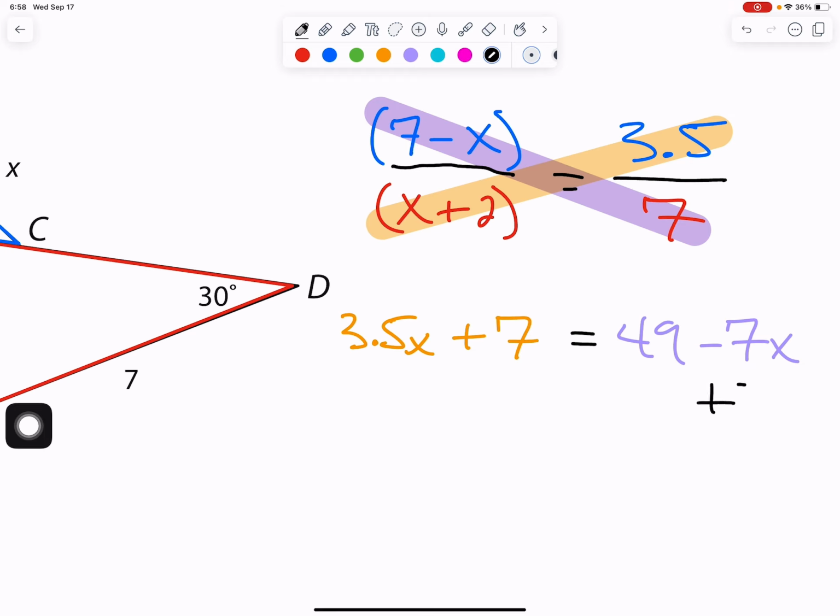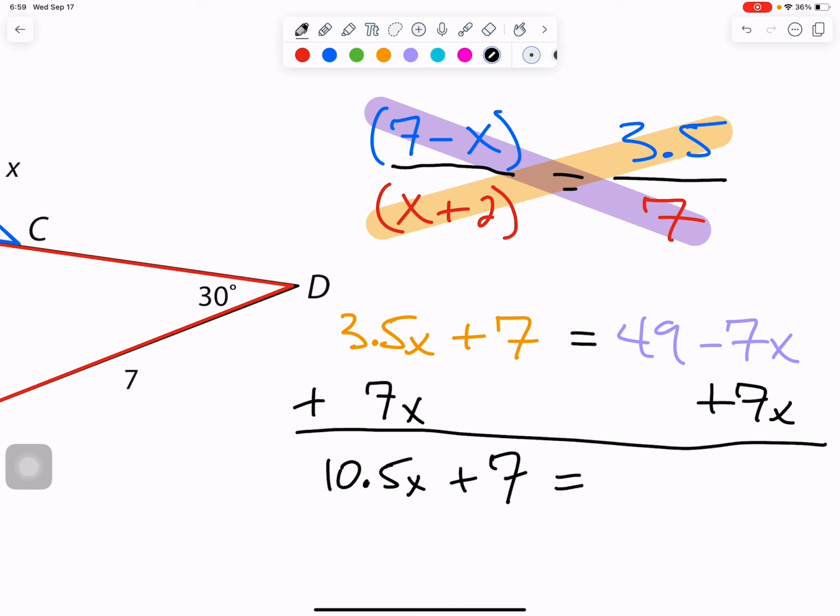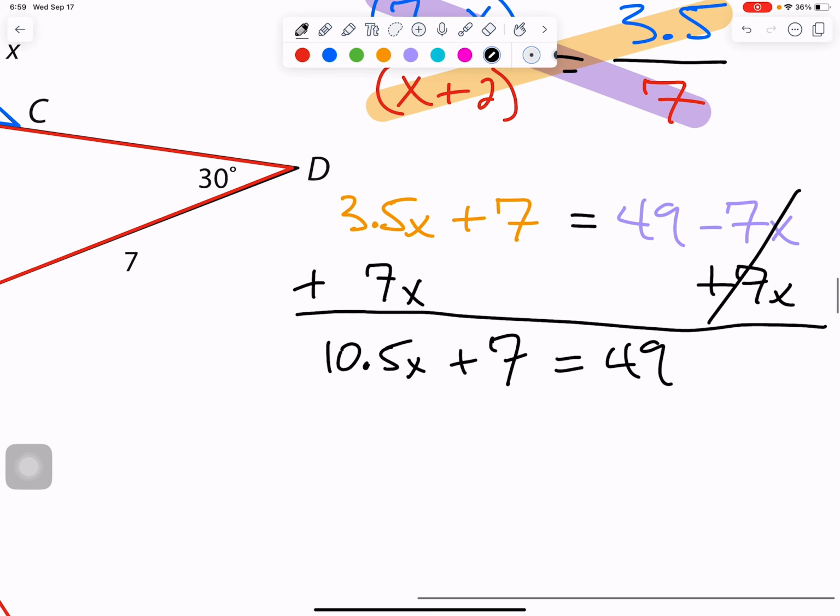Yes, a positive 7x, or plus 7x. And what we do to one side, we do to the other. 3.5x plus 7x is 10.5x. Bring down your plus 7. Set that equal to 49, and boom, there's our cancel.